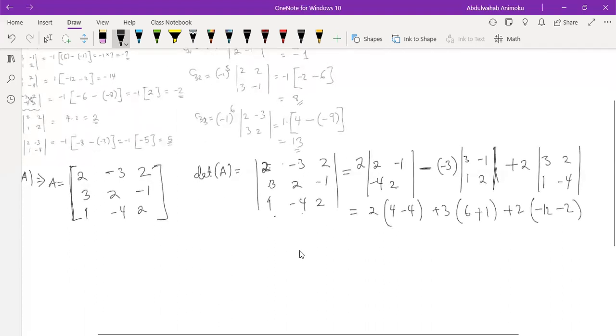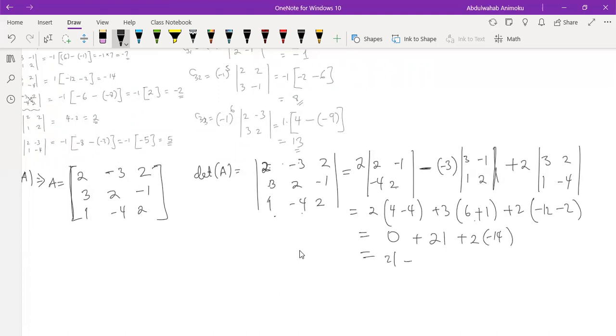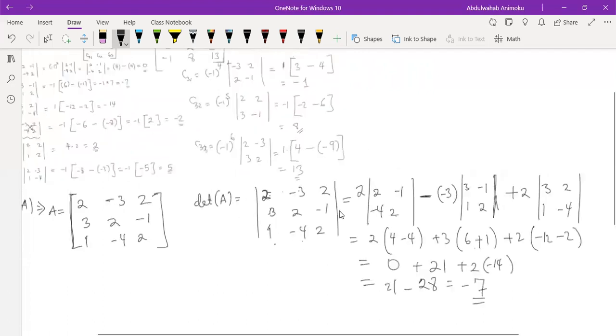So basically we have 0 plus 7 times 3, which is 21, then plus 2 times minus 14. So basically 21 minus 28, which will give us minus 7. So this will be the determinant, okay?